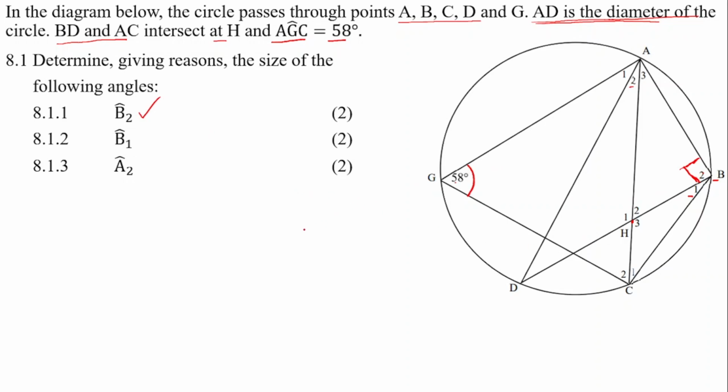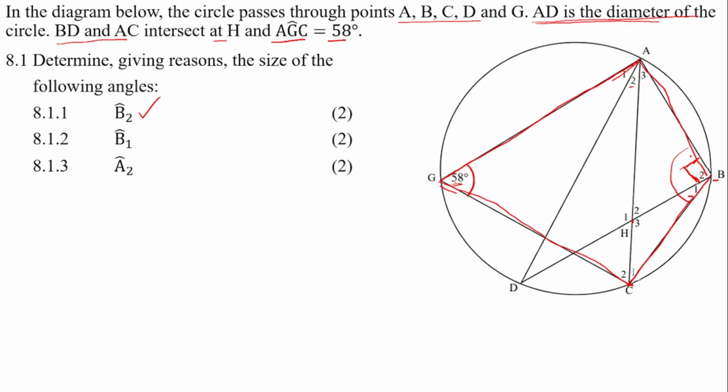Okay, how can we find B1 from what we are given and what we have found? We are given 58 degrees here. We have found that this one is 90 degrees here. Okay, so if you check, this is a cyclic quad. ABCG is a cyclic quad. So meaning what? Meaning that the whole angle ABC is opposite angle AGC, isn't it?